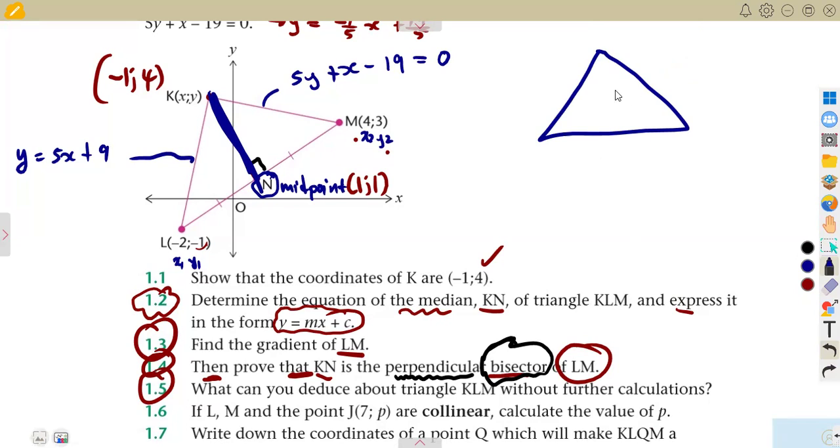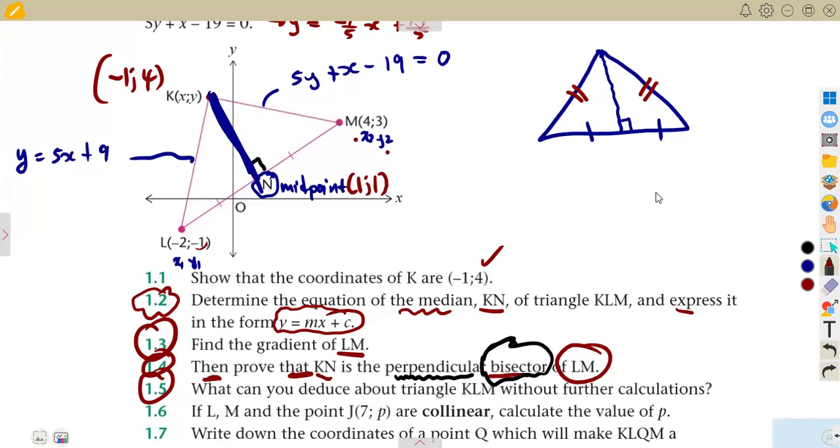What is important is that if a line is drawn from one point, which is the vertex, bisecting the other line at 90 degrees into two equal parts, it follows that these two lines are equal in length. If this line and also this line are all equal, it becomes an equilateral triangle.